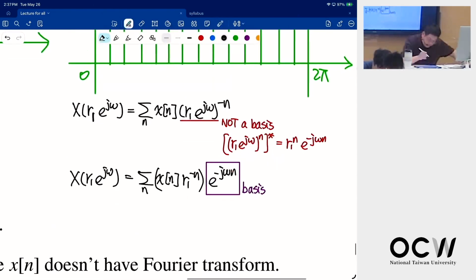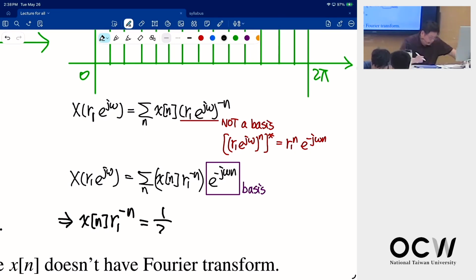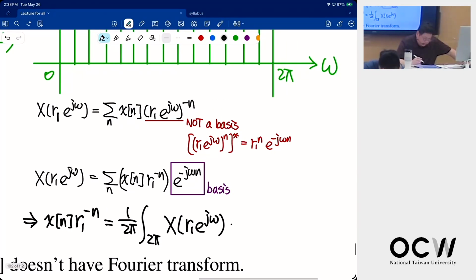So in this case, we can also get the coefficient, but what coefficient? Overall, this coefficient for r1 to the minus n will be 1 over 2 pi, your function in the product with the conjugate of your basis.